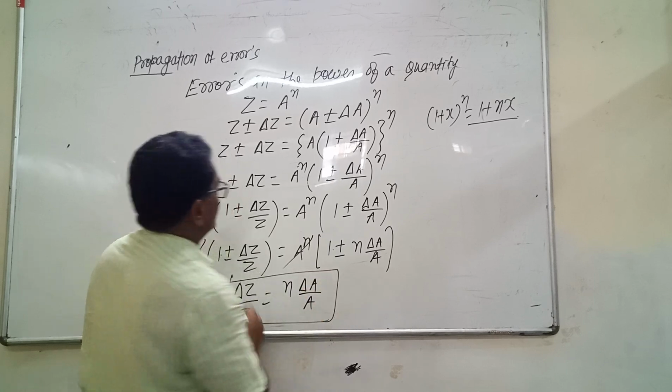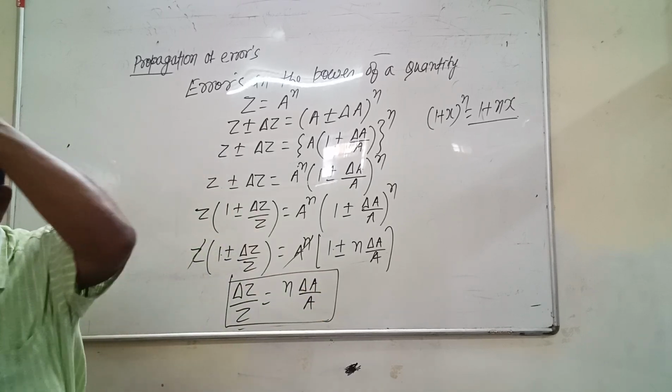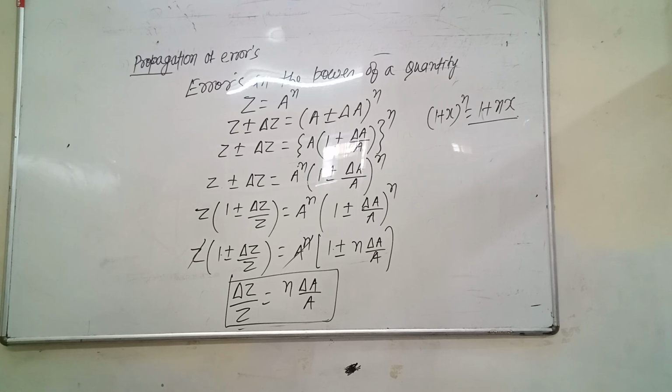So if a physical quantity is in terms of power, then the error is given by delta Z by Z equals n times delta a by a.